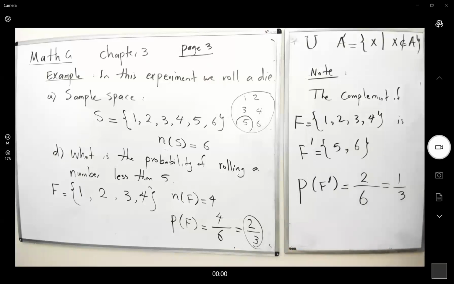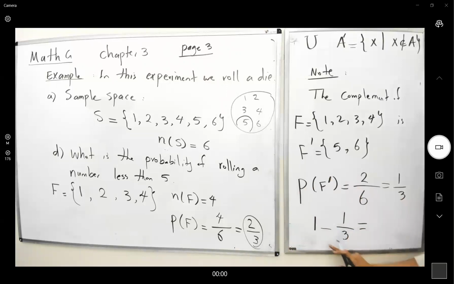Very well. Think about it this way. 1 or 100% minus 1/3, the probability of the complement, gives you, sorry, this is 3.